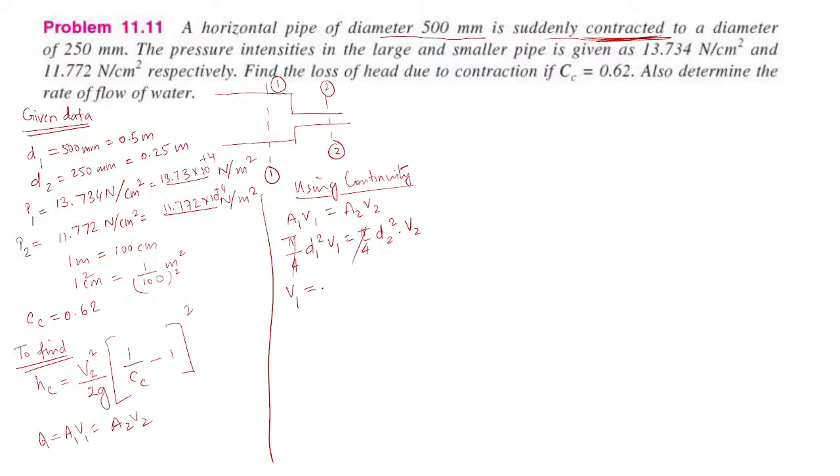So V1 is in terms of 0.25 by 0.5 whole square into V2, right? Basically I get such kind of equation. Now I can also further solve this equation.